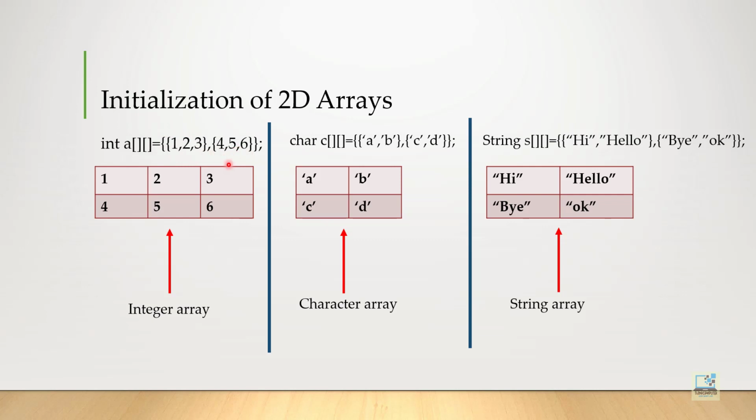So every row is represented inside a set of curly braces, comma separated. This is for the first row, this is for the second row. If we talk about the character array, the method is the same, only the values are enclosed in single quotes. In the string array also it is the same, only the values are enclosed in double quotes.